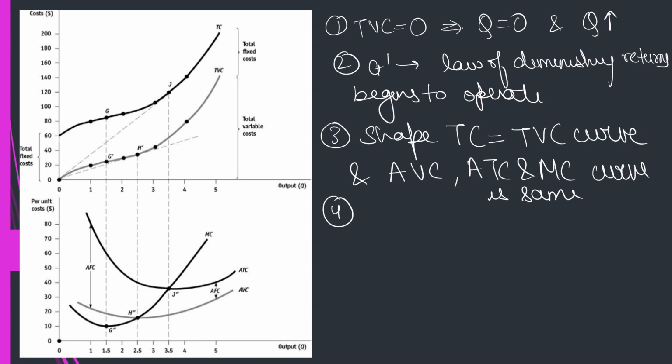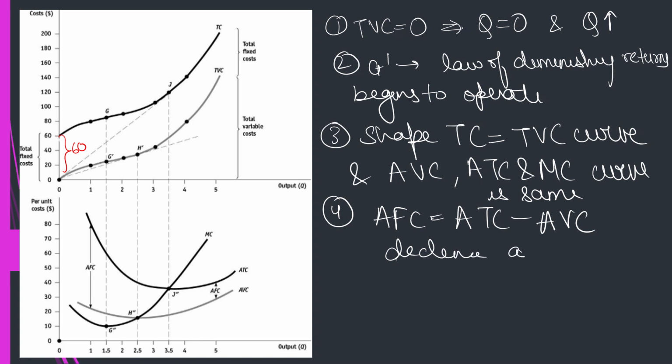Next point, they have a difference. As we can see, it's in red. Let's take the red 60, so this is pointed out. Then the bottom panel shows U-shaped curves where AFC is equal to ATC minus AVC and declines as output rises.